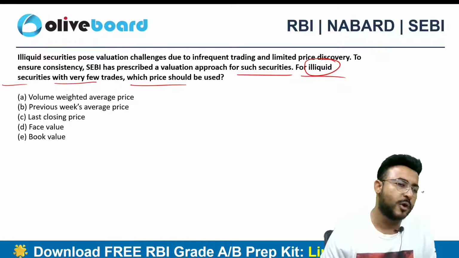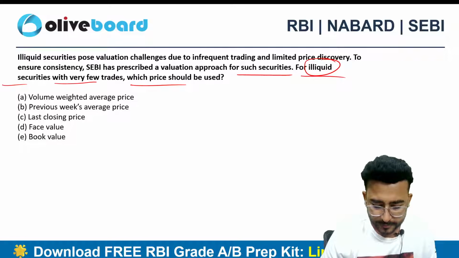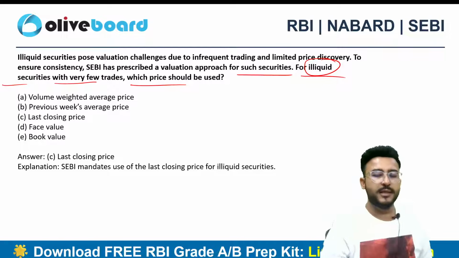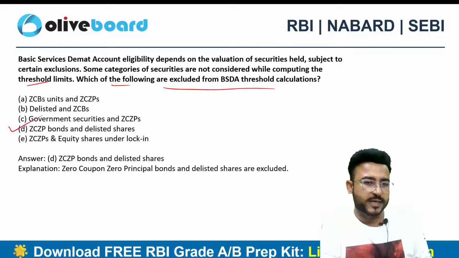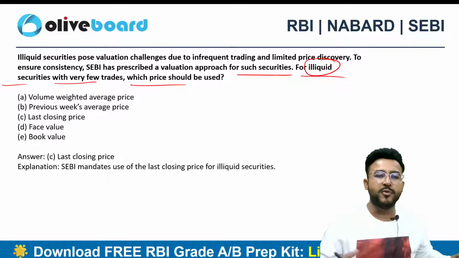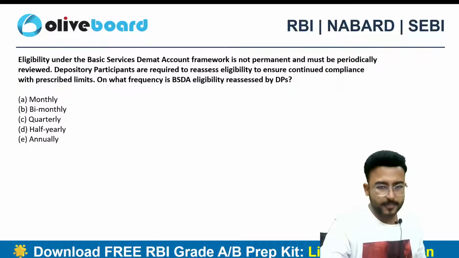VWAP, which is also called volume weighted average price, previous week's average price, last closing price, face value, book value. The answer is very simple, which is the last closing price. So this circular also stated the valuation criteria related to the illiquid security, which will be the last closing price, right? Perfect.